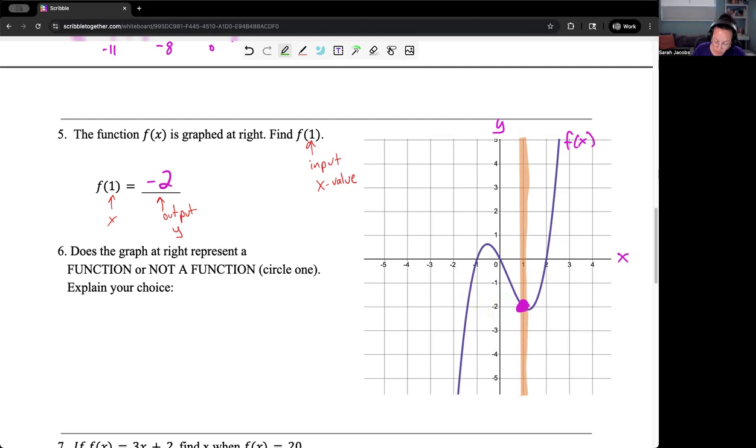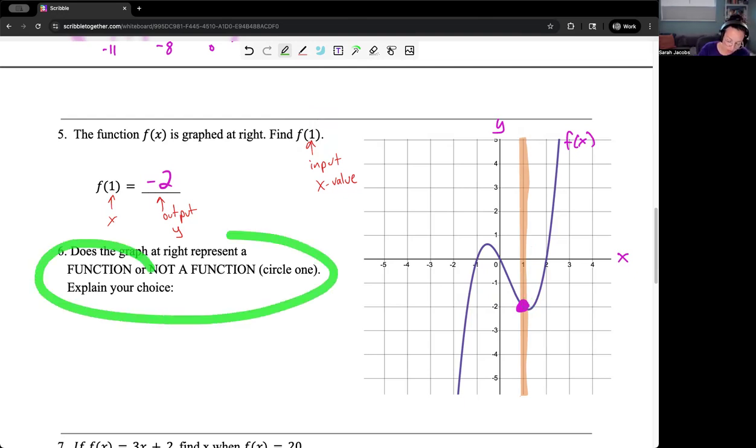So one more time. We're looking for when x is 1. And then if you want to go a little bit more efficiently, you can just go up or down until you bump into the graph. Boom. And then go towards the y-axis, and there is your y value, because this point has a coordinate of 1, negative 2.